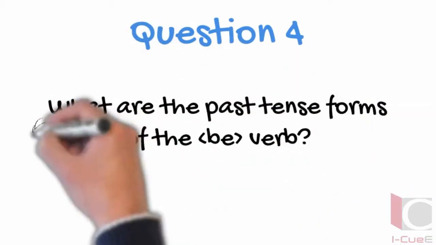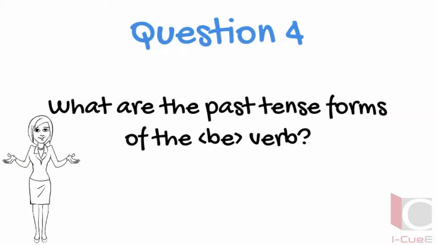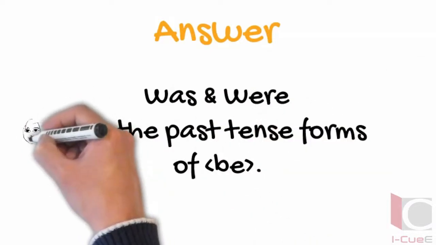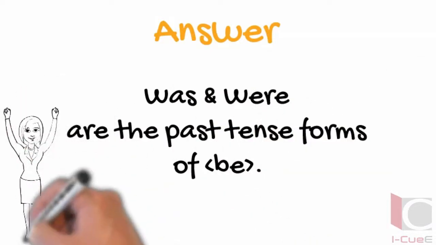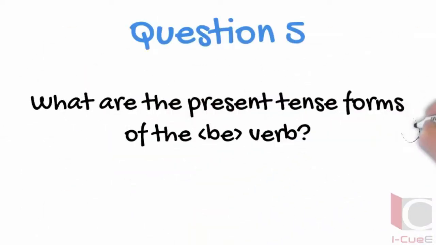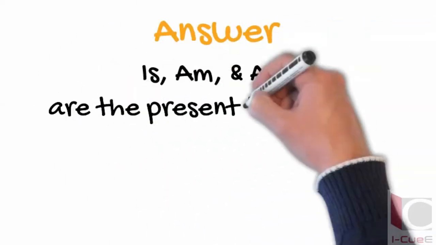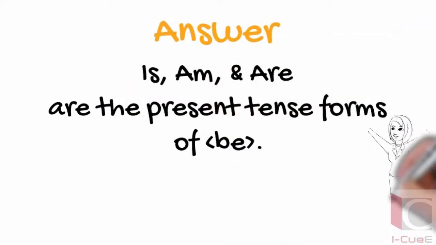What are the past tense forms of the be verb? Was and were are the past tense forms of be. What are the present tense forms of the be verb? Is, am, and are the present tense forms of be.